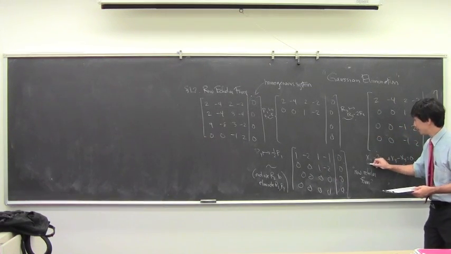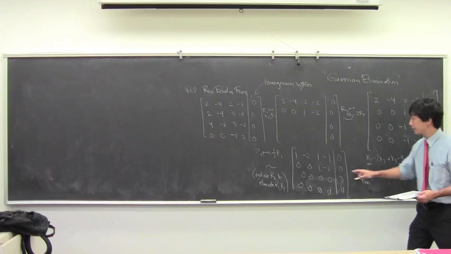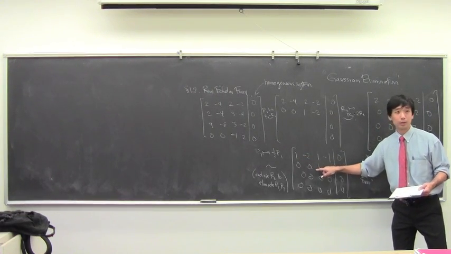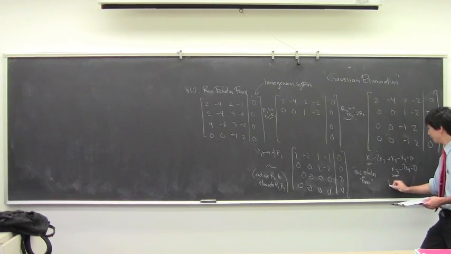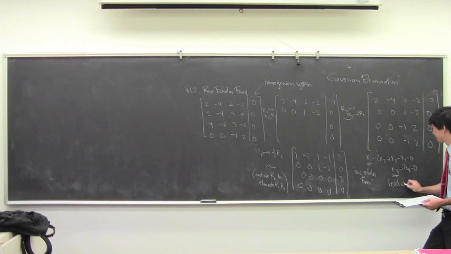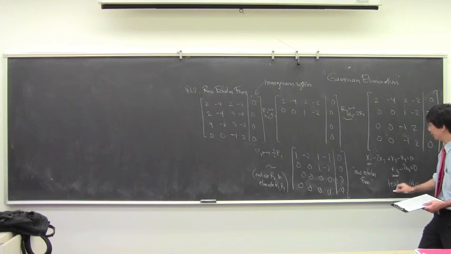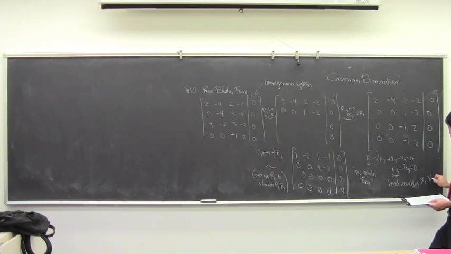The variables corresponding to the ones are called the lead variables. And the other ones are called the free variables. So lead variables here are x1 and x3.